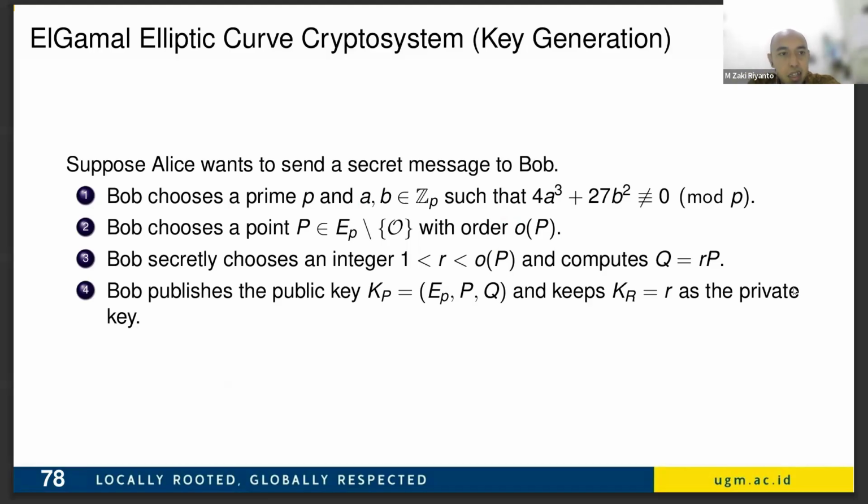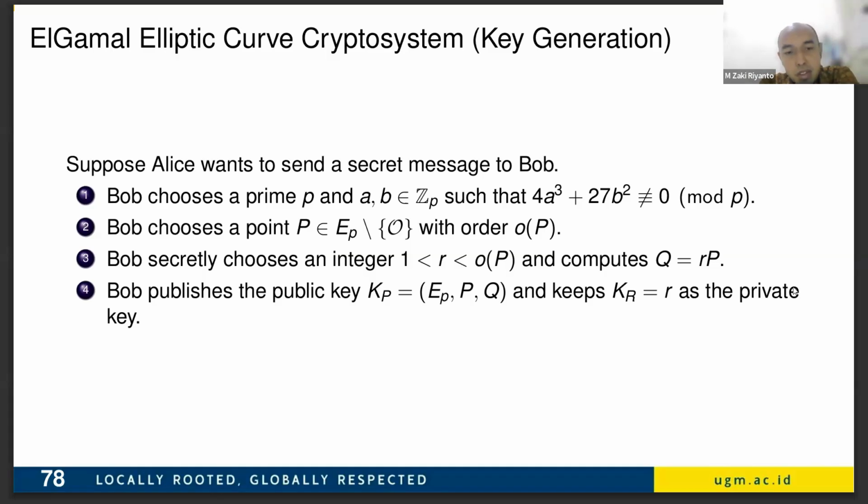So here, the ElGamal elliptic curve cryptosystem. Suppose that Alice wants to send a secret message to Bob. So Bob has to make a pair of keys, that is the public key and the private key.